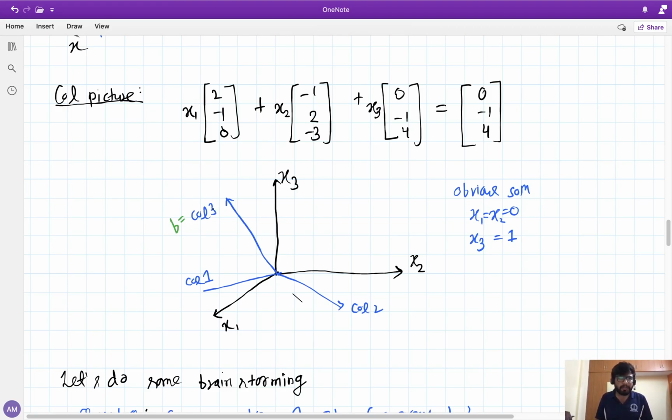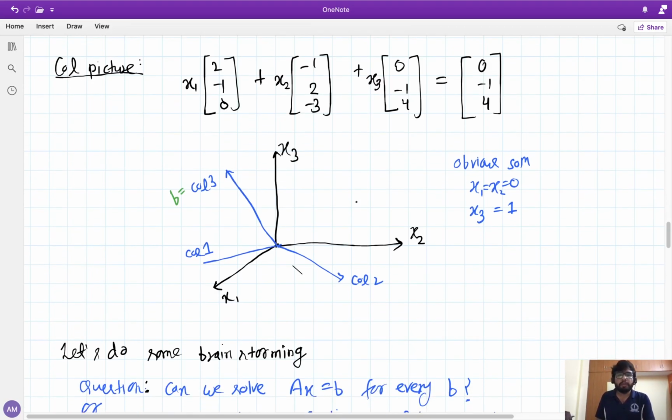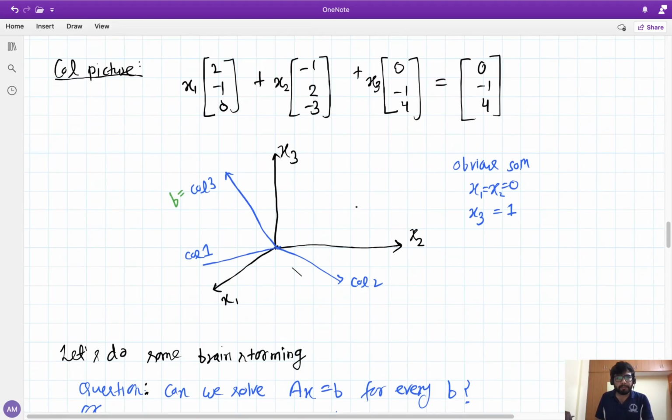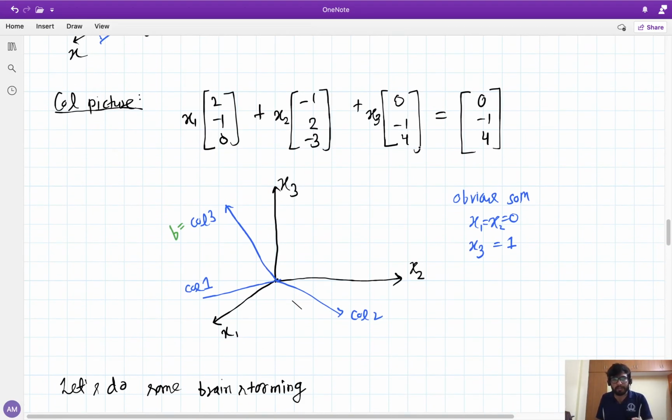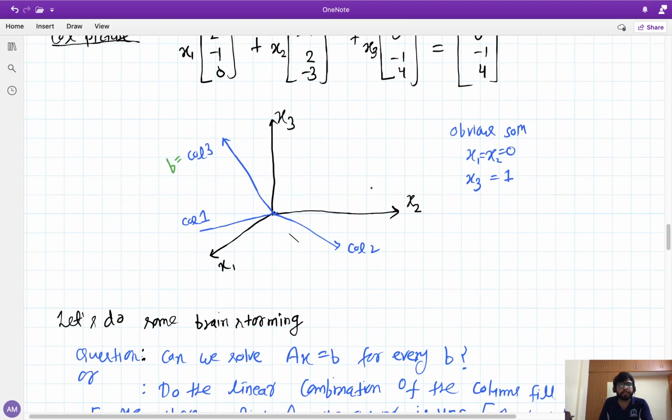So B is nothing but the column 3 for x1 and x2 equal to 0 and x3 equal to 1. So you can see that this will be the solution in terms of the column picture.